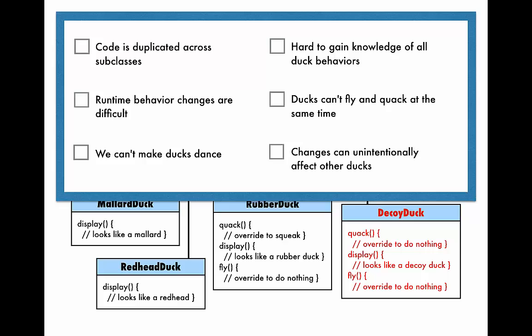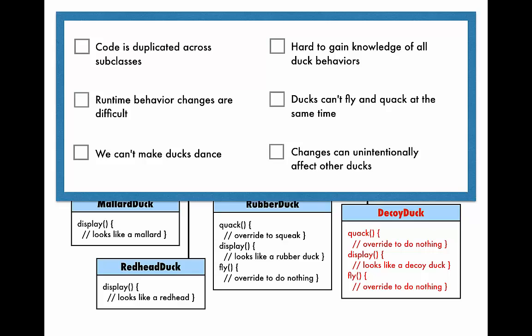The third assertion asks whether we can easily add a dance behavior to ducks in this design. The fourth assertion, like the second, is also asking something about the runtime behavior. If we have an arbitrary duck object, can a client of that object tell what its quack behavior will be, or what its swim behavior will be?